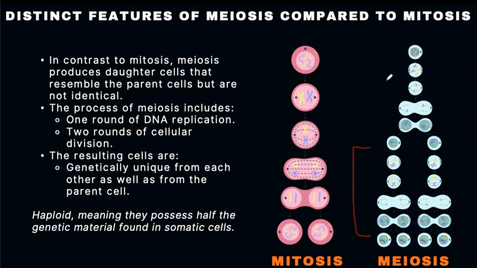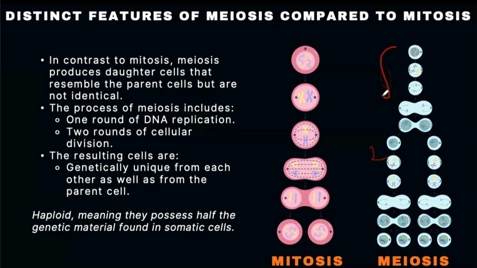And meiosis I is very similar to mitosis. And this is going to be the first round, which includes the DNA replication of the chromosomes. They're going to basically divide. And then what ends up happening is you have two rounds of cellular division that exist. So you have one and then two.